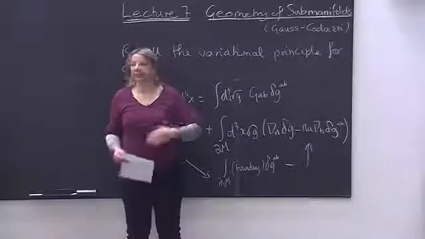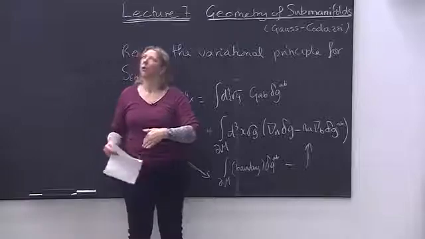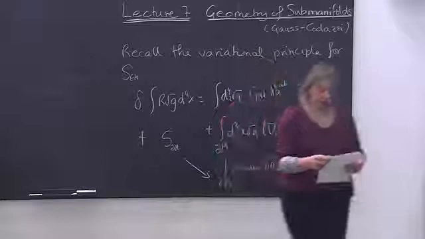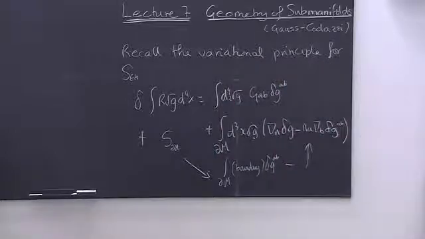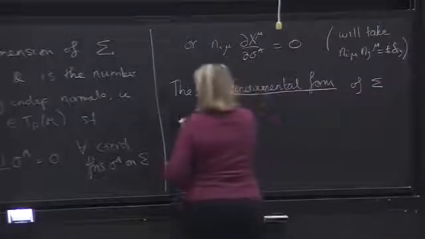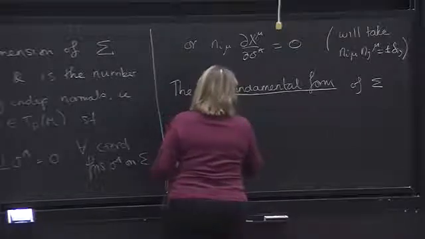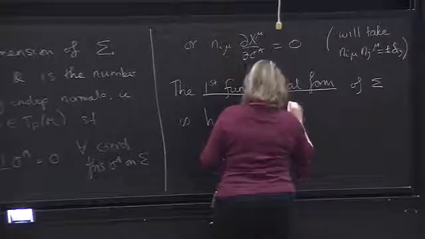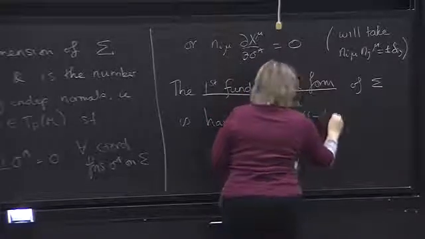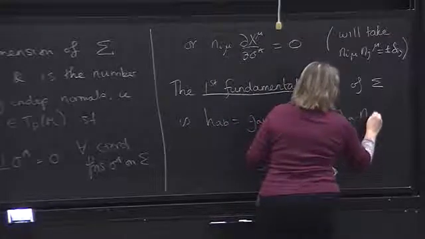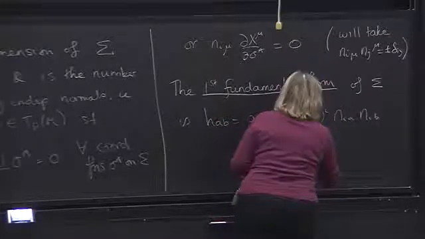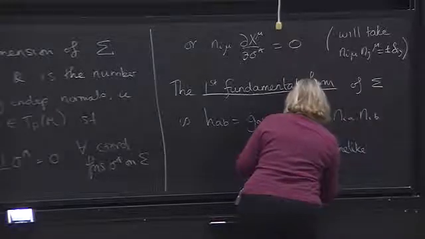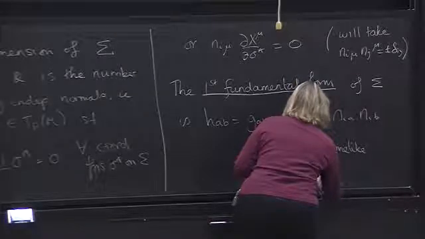What we now want to discuss is projecting structure from our manifold, or projecting structure onto sigma, or what structure does sigma inherit from the higher dimensional manifold. It's the other way around.